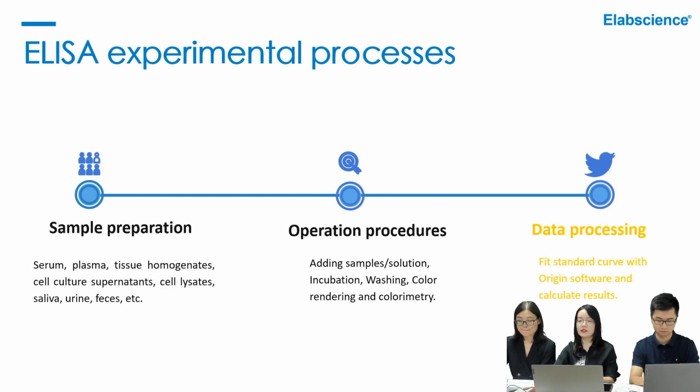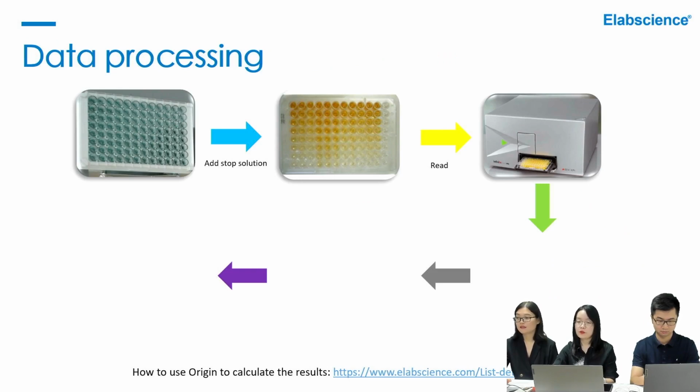Okay, after the chemical signals are converted into electrical signals by the instrument, we need to perform the data analysis. The 4-parameter logistic function is the most suitable equation for ELISA curve fitting, and any software that can be used to fit this equation would be applicable.